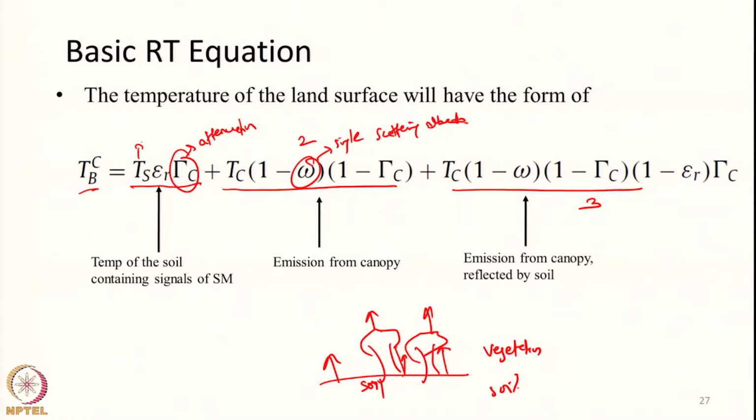As an overview, the brightness temperature of the land surface observed by a passive microwave radiometer comprises these 3 components, out of which only one is of direct interest to us. The emission from the canopy component has to be removed, and that is why scientists always work towards VOD, vegetation optical depth, as one of the parameters which contains information about vegetation.